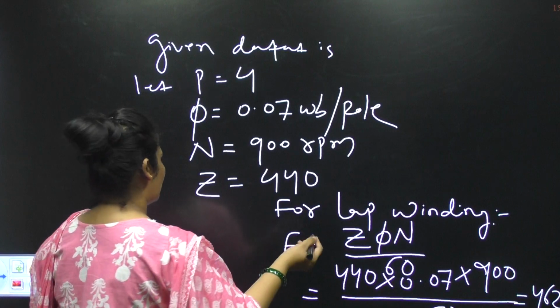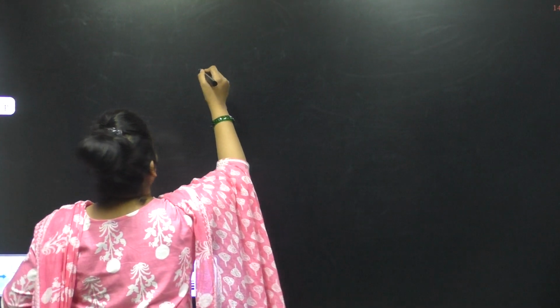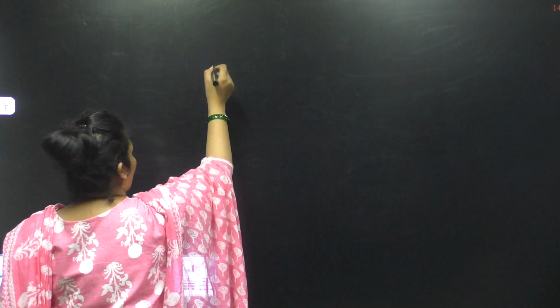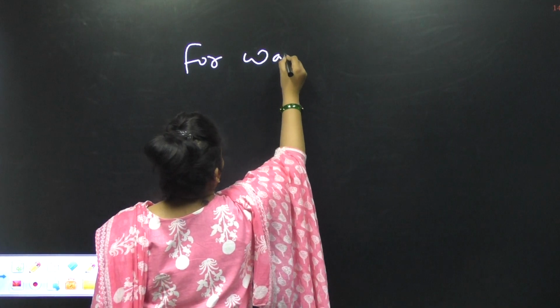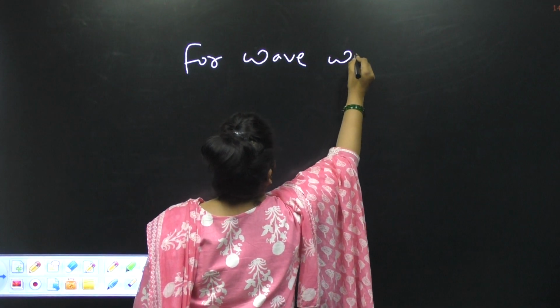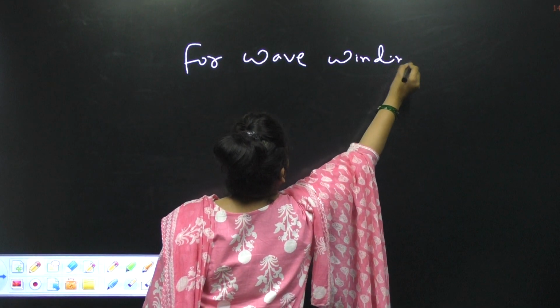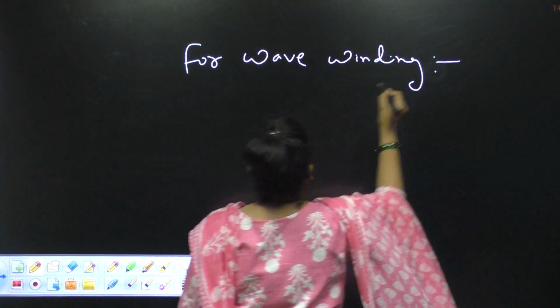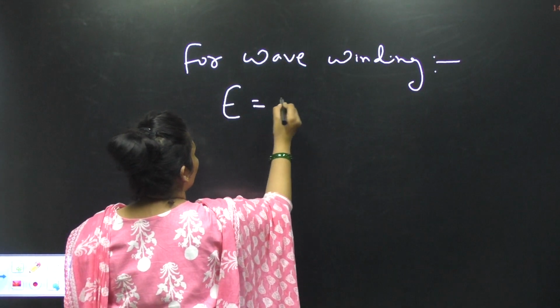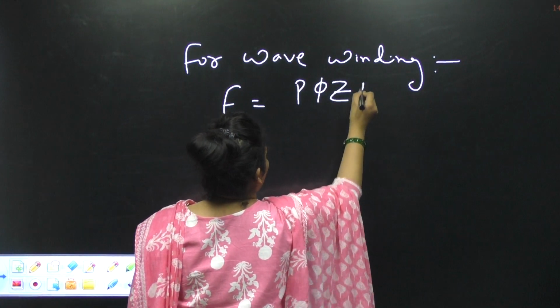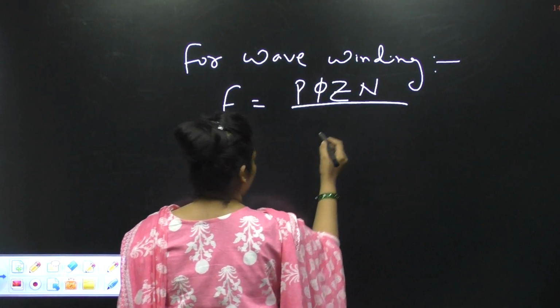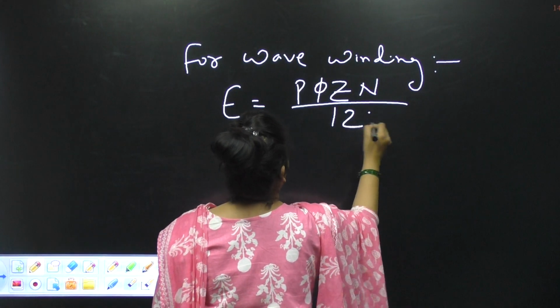Same for wave winding. We find the EMF for wave winding. What is the formula? E equal to P phi Z N by 120.